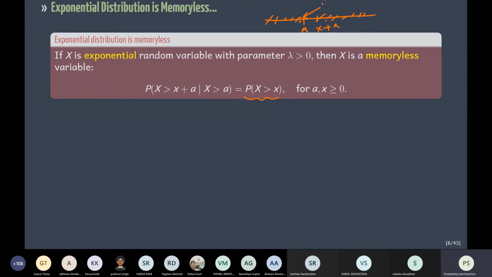It's like you are starting from here. Let us say this is the x equals 0 case, and from here onwards the length is x. So from here onwards, my waiting time distribution is not going to be affected by the fact that I had waited until a. Okay, so this is how compactly we write the memoryless property.